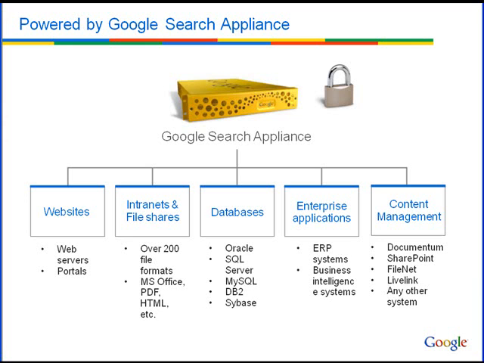So users can securely access any of the information in your university, whether it's on websites or in your intranets. All of the popular databases are supported, and even business applications. If you have ERP systems or CRM systems internally, those can be tapped into. And if you have content management systems, the search appliance can search all of that as well.